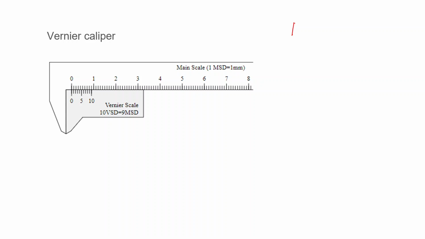So in a meter scale, say 1 centimeter, this is not to be scaled, I'm just showing, 1 centimeter is divided into 10 divisions, right?